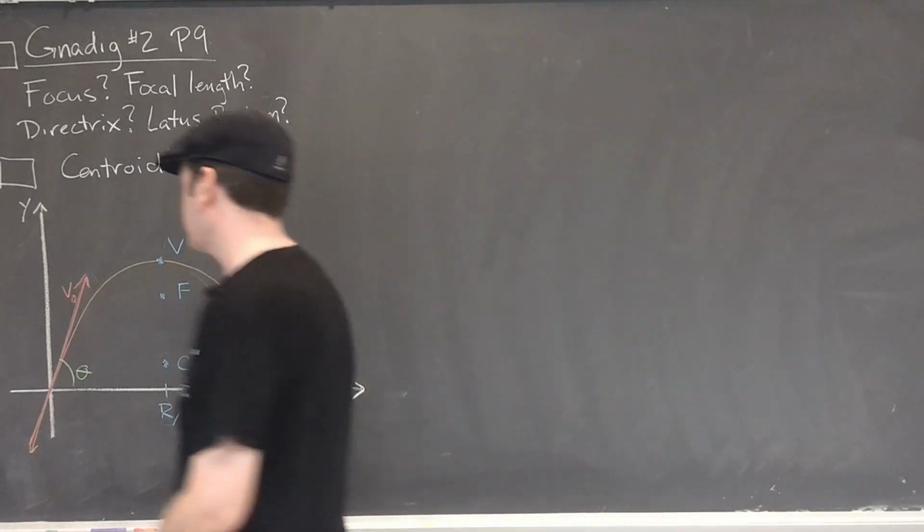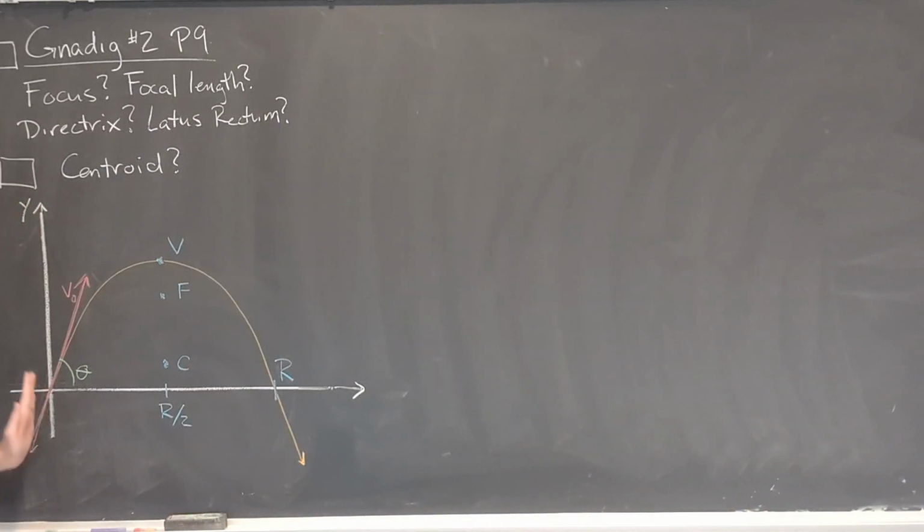So in particular, let's imagine some vertical beam of light coming along the negative y-axis. We know it will reflect off of the parabola at this location and then go directly into the focus, as direct as I can make it.